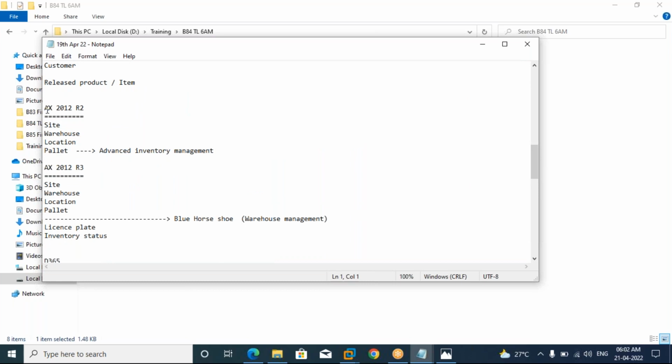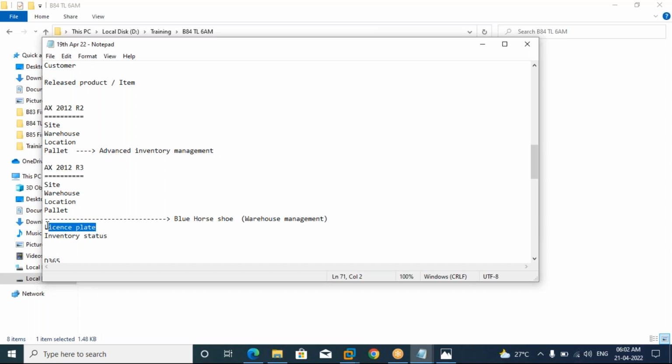In AX 2012 R2, site, warehouse, location, pallet ID. These 4 only were available, and there is a functionality called advanced inventory management related to pallet ID. Later in AX 2012 R3, along with site, warehouse, location, and pallet, license plate and inventory status, these two are added. So the pallet ID functionality is advanced inventory management.